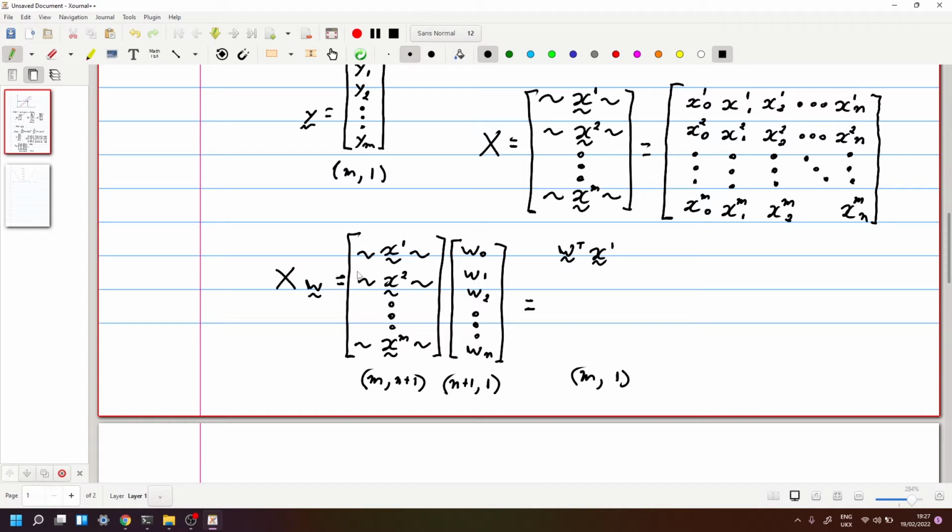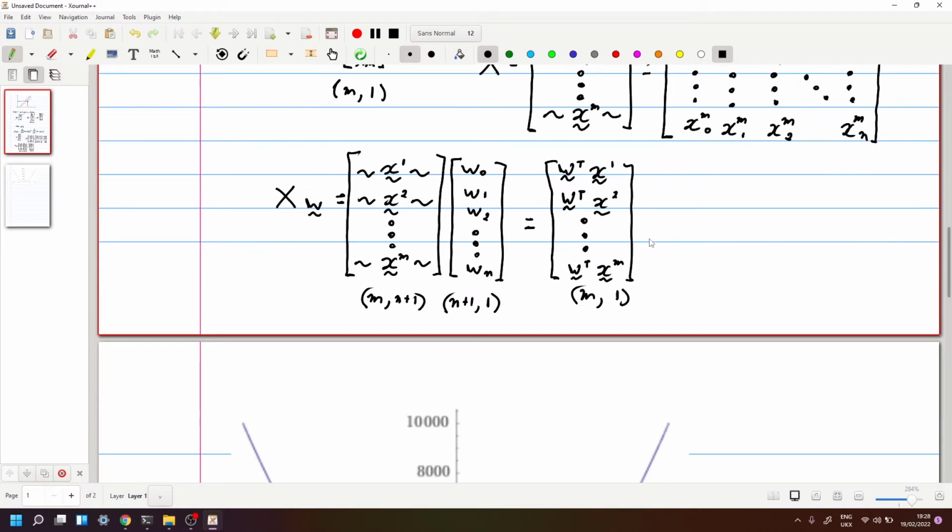The second one is the exact same thing but with the second data sample, so you get w transpose x2. If you want to see why this is the case, you can write the matrix out and multiply things yourself. I'm assuming that you're fairly well versed with matrix and vector multiplication, so that you can see this result straight away. And this goes all the way down to w transpose xm, which is interesting.